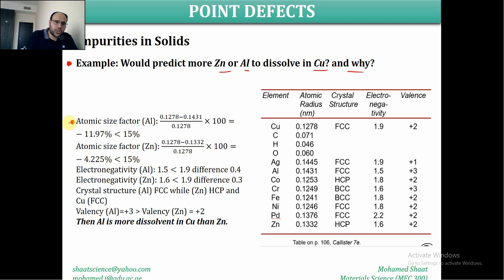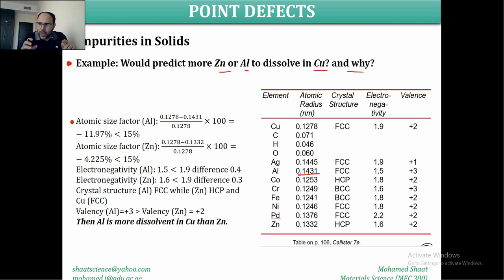According to the first condition, the atomic size factor for the aluminum: this is the copper, and we should identify the atomic radius of the copper, which is 0.1278, minus the atomic radius of the aluminum, which is already given here as 0.143, divided by the atomic radius of the host material. The host material is the copper.